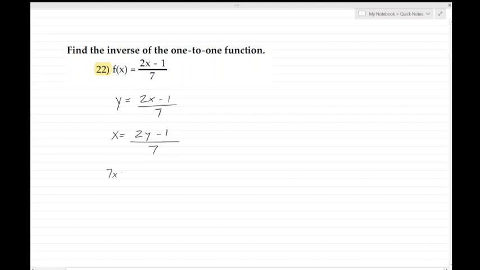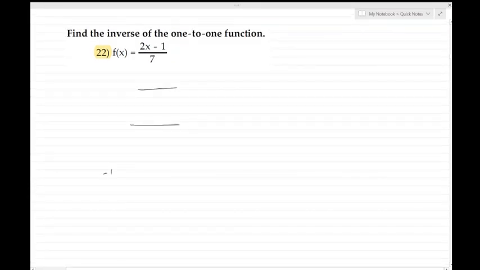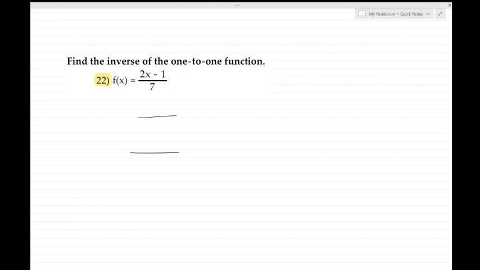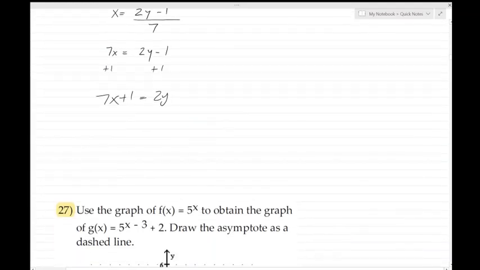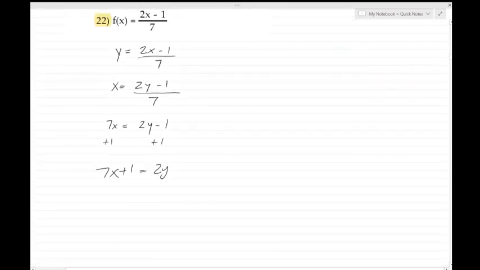So we have 7x equal to 2y minus 1, and then at this point we're just solving for y. 7x plus 1 equals 2y, and then divide both sides by 2, and 7x plus 1 over 2 is equal to y.